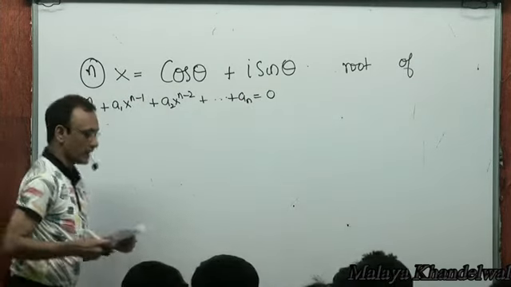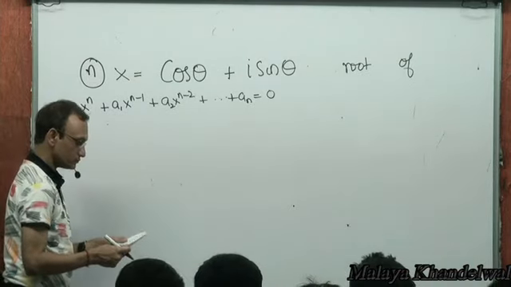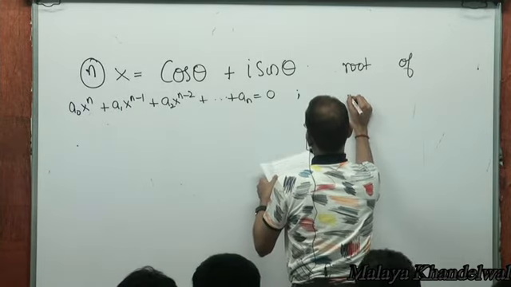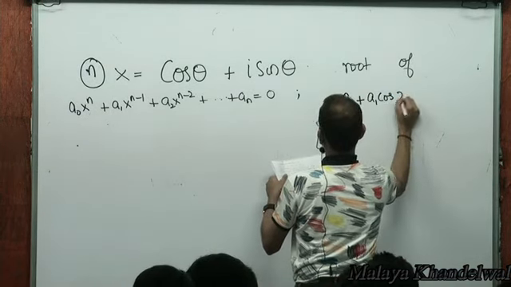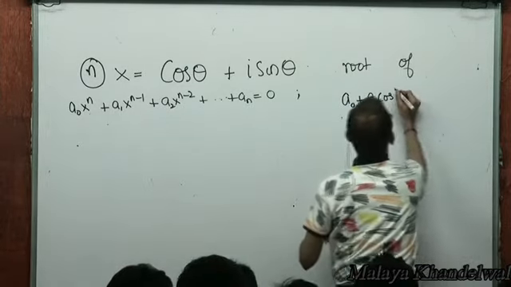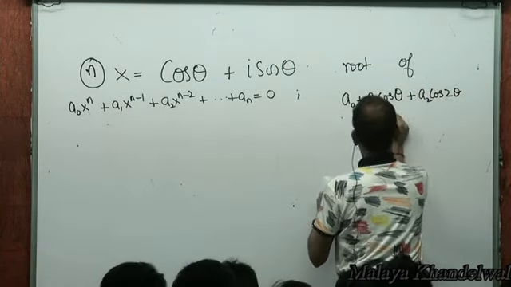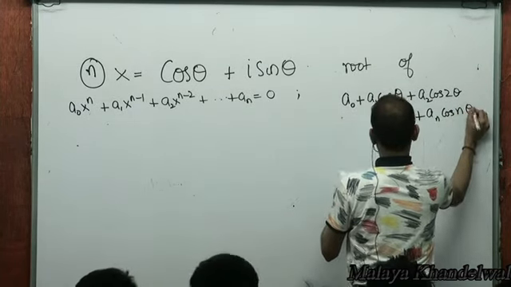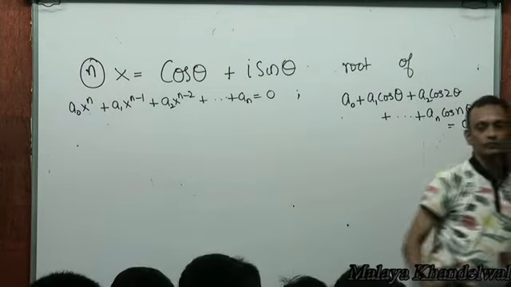That's given, where a naught, a1, ..., an are all real numbers, a naught is not 0. All right. We want to establish a naught plus a1 cos theta plus a2 cos 2 theta plus ... plus an cos n theta is 0. Right.